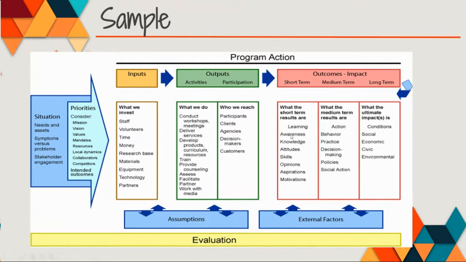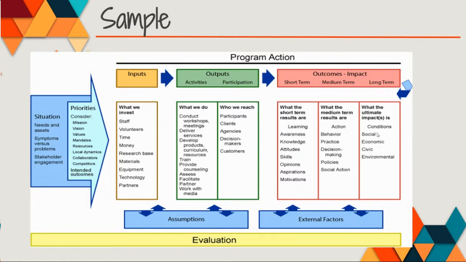I want to draw your attention to one more component within the outcomes that I think is important. Short-term outcomes are typically related to more learning-related activities, whereas medium-term outcomes, you're thinking about the action, and then ultimately long-term outcomes relate to conditions. You know that there can't be an immediate change sometimes within a person or an organization or a community after 1 or 2 days.